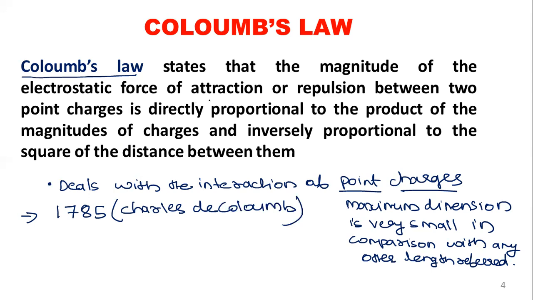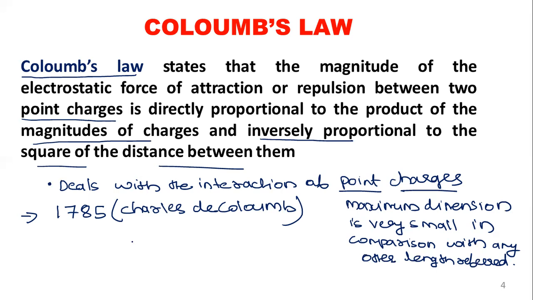So the force of attraction or repulsion between two point charges is directly proportional to the product of the magnitude of the charges. It is not just the product of the charges, it is the product of the magnitude of the charges, and inversely proportional to the square of the distance between them.